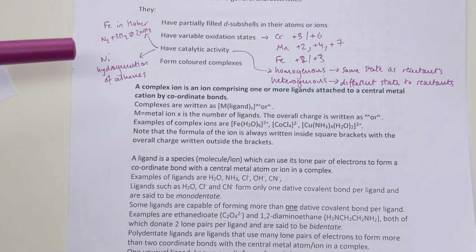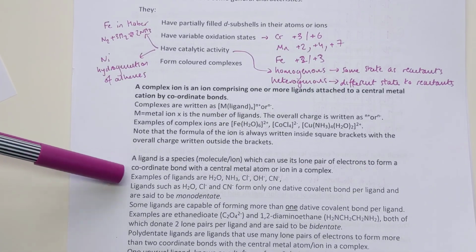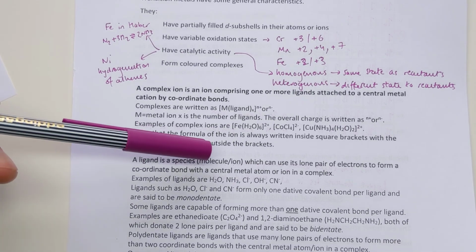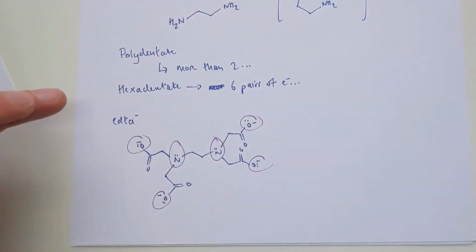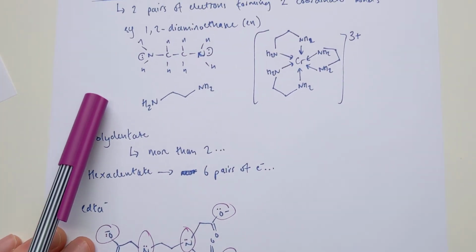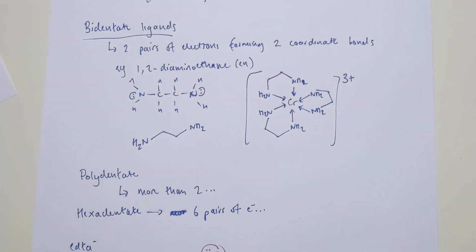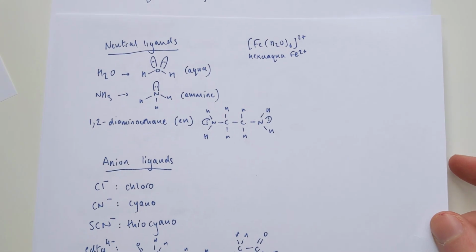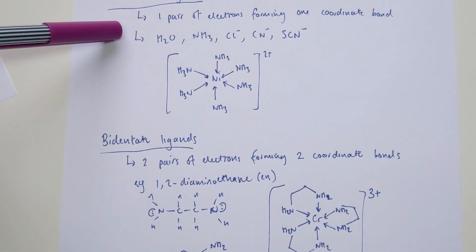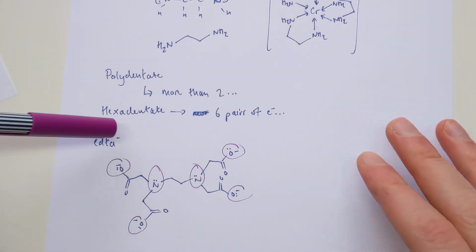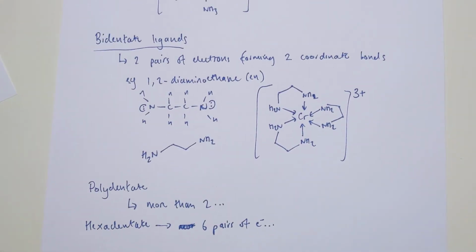The things which bond to the metal ions are called ligands. Ligands have lone pairs. They can be ions or neutral molecules, but have the lone pairs. We've looked at some examples of neutral and charged ligands, depending on their bonding. And we looked at some examples which only form 1 coordinate bond or many coordinate bonds to that metal ion, giving you different complexes.